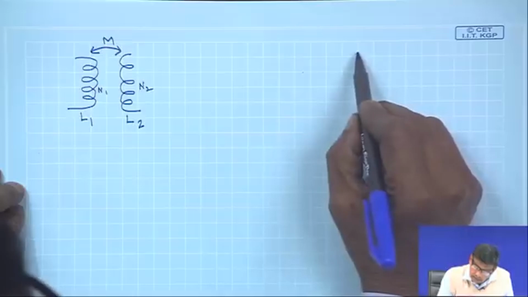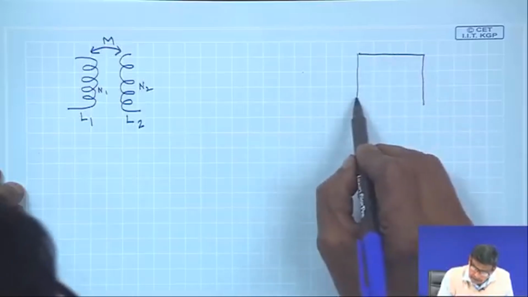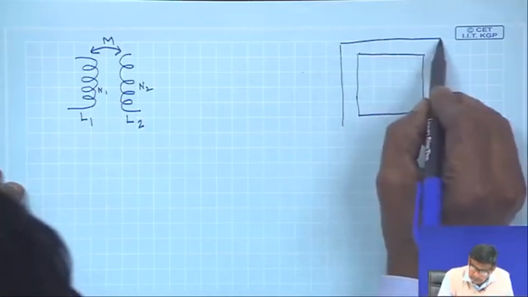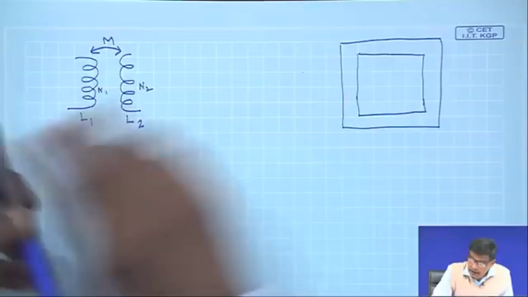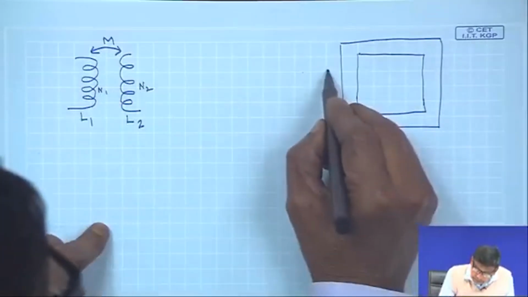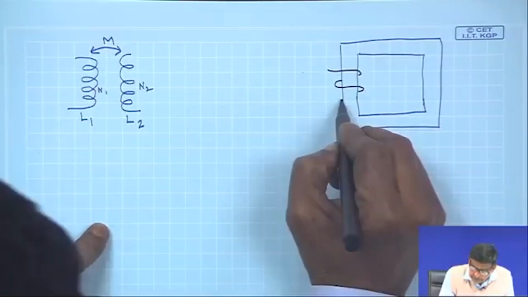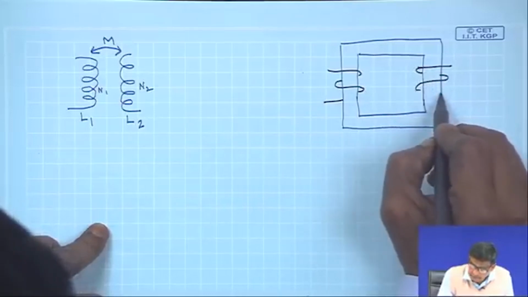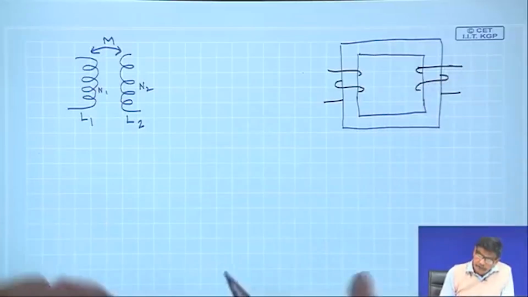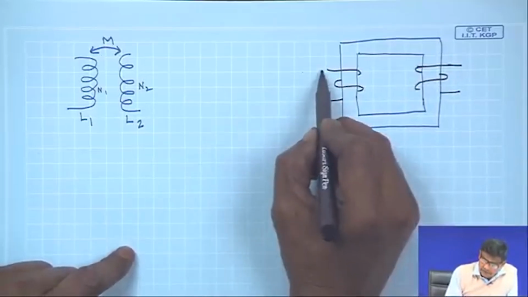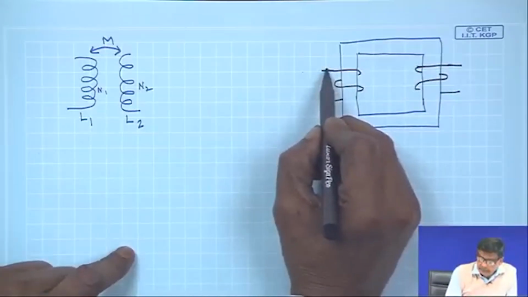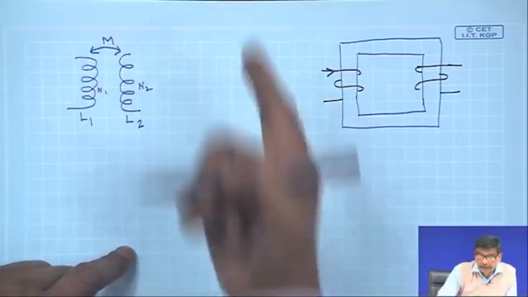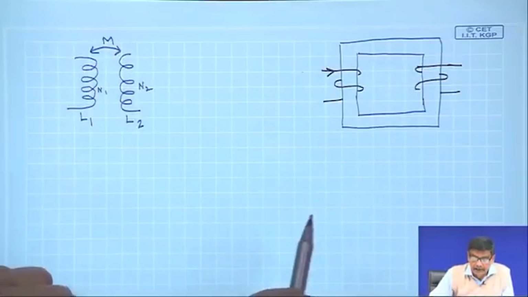Now, suppose you have 2 coils like this, and this is the sense of the winding. If you pass some time varying current, instead of the DC current based on which we have defined the inductances, I1 could be anything.